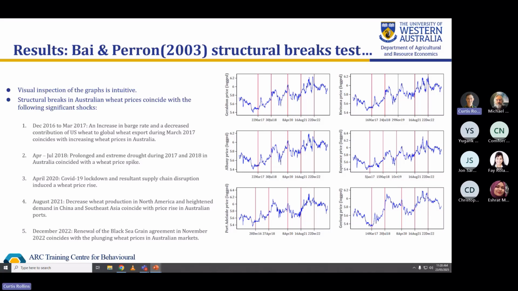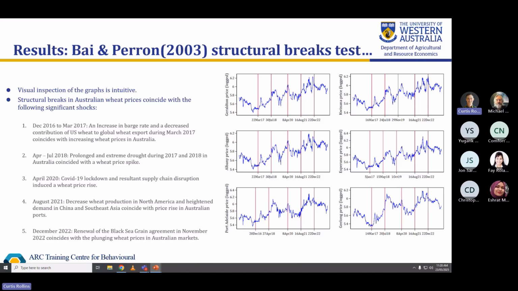Another is in April 2020, a period of widespread lockdown due to COVID-19 that created supply chain disruption all over the world, and that also pushed the grain prices up. The fourth and fifth breaks are exactly at the same point for all the price series. The fourth one is August 2021.